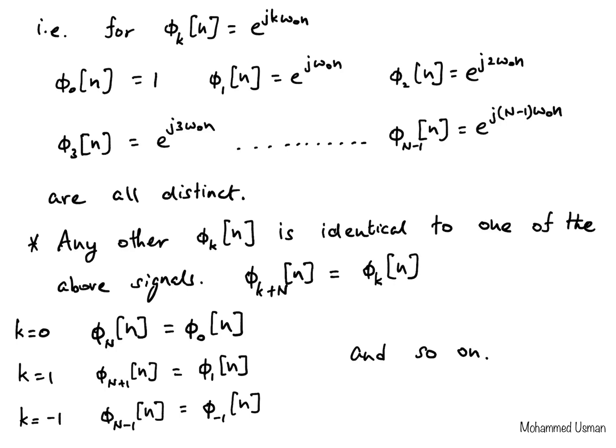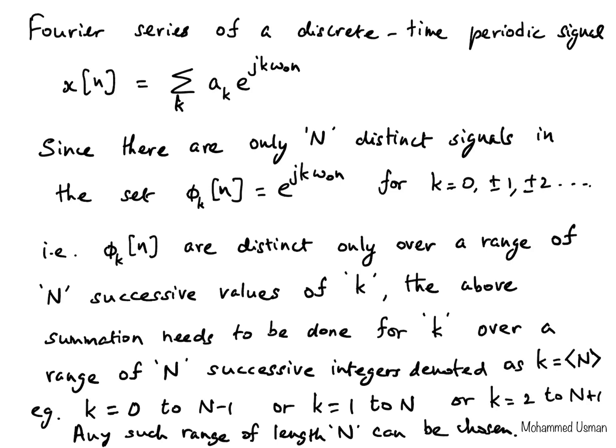So in the Fourier series representation, we only need to do the summation for the values of k which give us distinct complex exponentials. Since there are only n distinct signals, we need to make the summation over this range of n distinct signals.